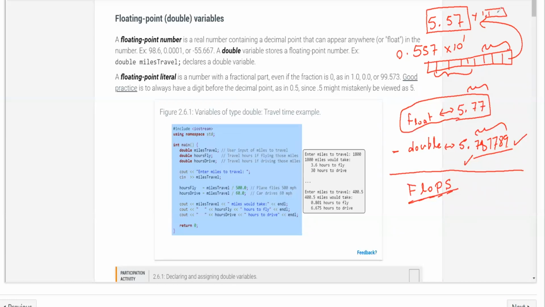So floating point operations are the heaviest operations that you have to do when you're writing a program, or the computer has to do, because it has a format. You have to convert it to the format, and convert it back again. So back and forth it goes.